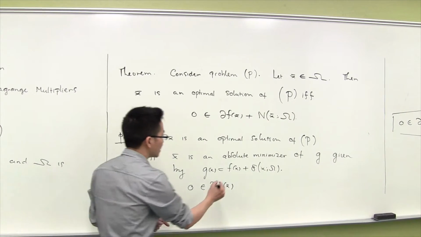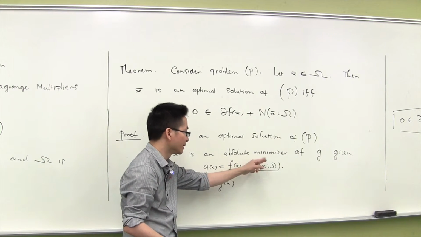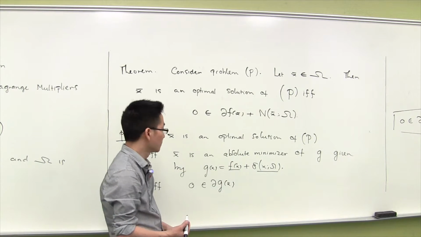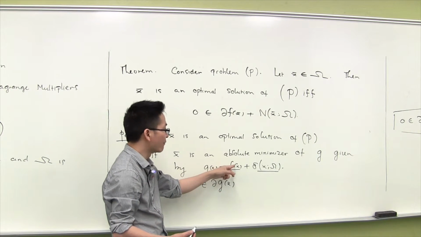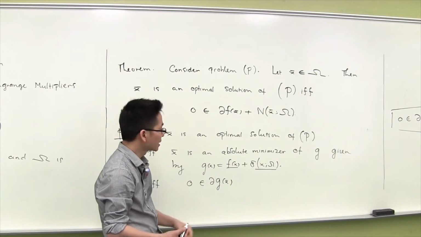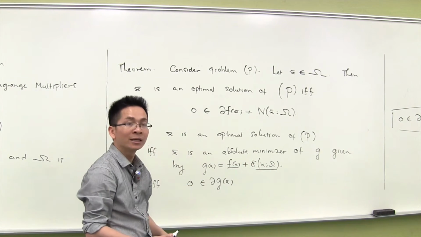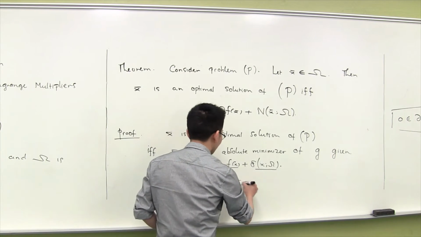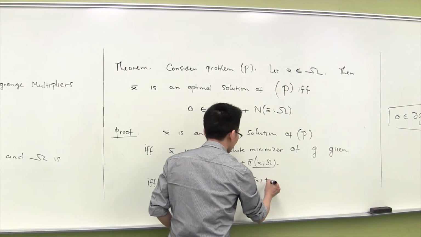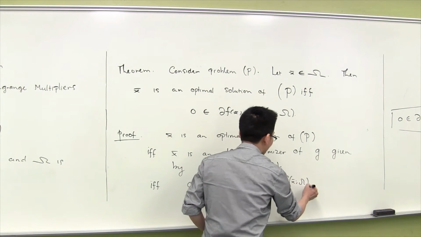Note that g is the sum of two convex functions. Here this is an extended real-valued function, and this is a real-valued convex function. As you know, the function f has real values, so it's continuous, in particular at any point of omega. So we can apply the subdifferential sum rule and obtain that this is equal to the subdifferential of f at x bar plus the subdifferential of the indicator function associated with omega at x bar.